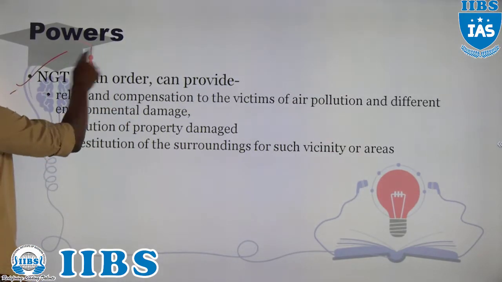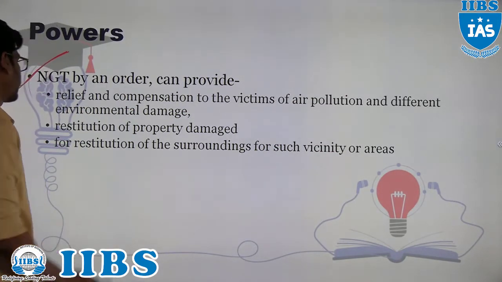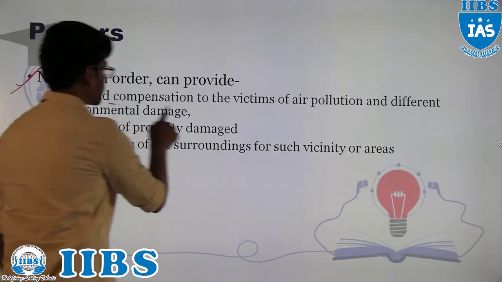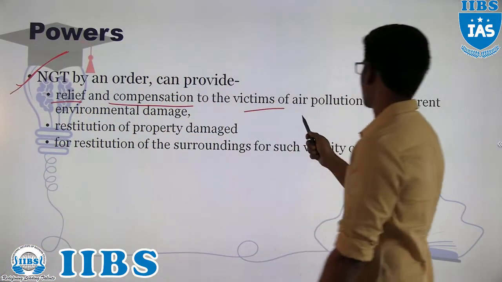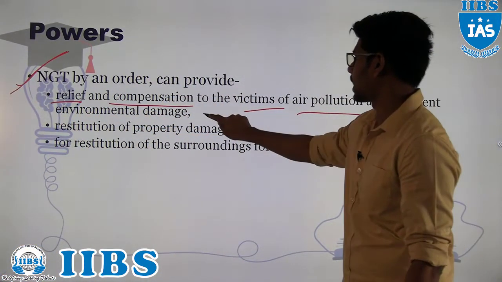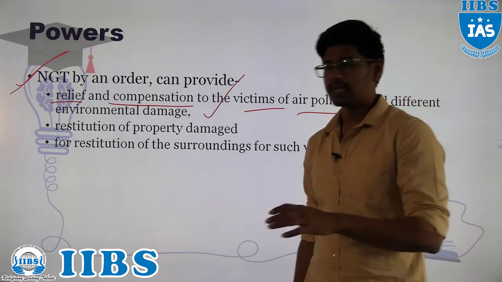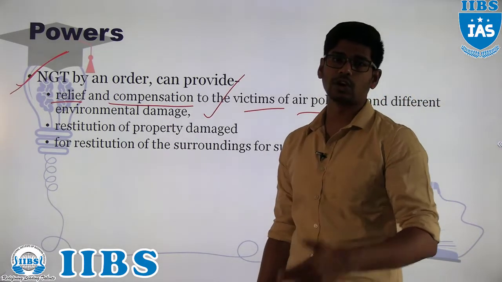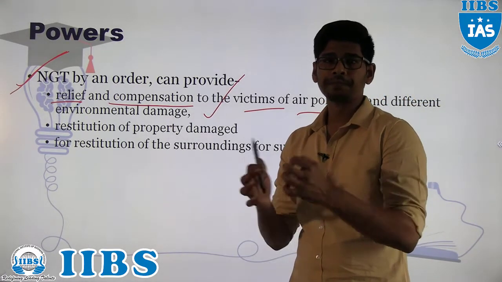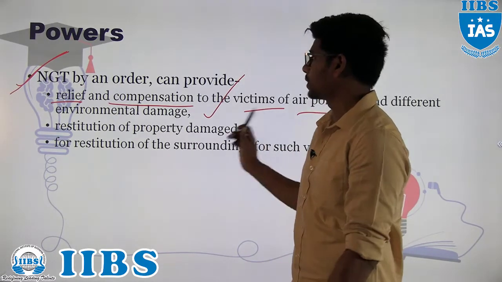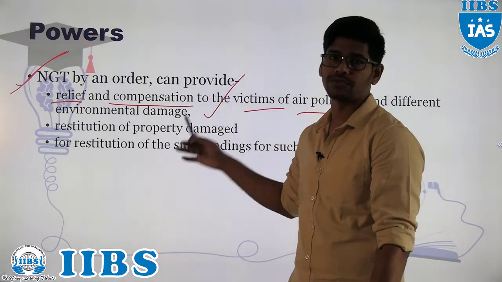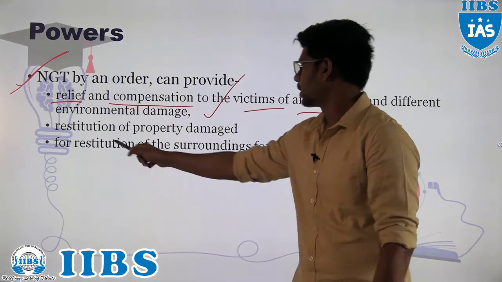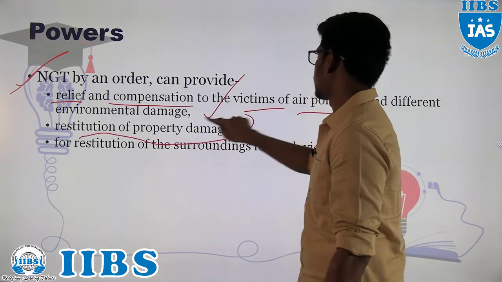The National Green Tribunal, by an order, can provide relief and compensation to the victims of air pollution and different environmental damages. There are different laws that are imbibed in the National Green Tribunal, so as per that, it can provide relief and compensation for the victim, and restitution of the property damaged.